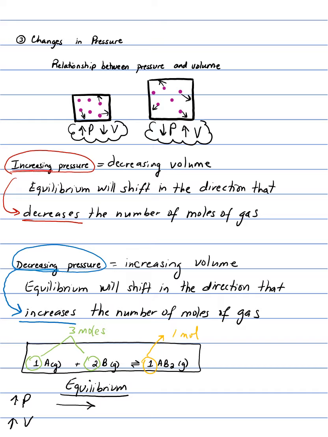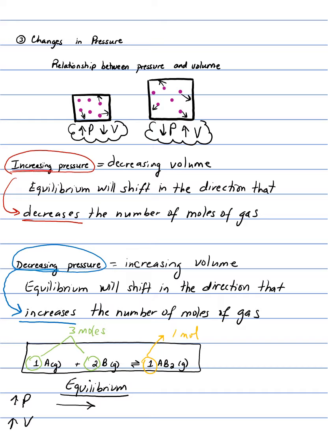Increasing the volume. You see, you don't have that listed here. You have increasing pressure, decreasing pressure, but increasing volume is the same as decreasing the pressure. So decreasing the pressure will shift the equilibrium in the direction that increases the number of moles of gas.